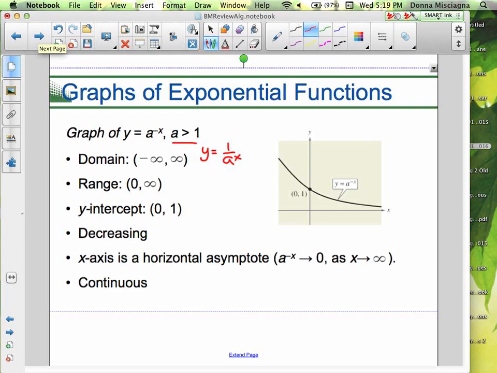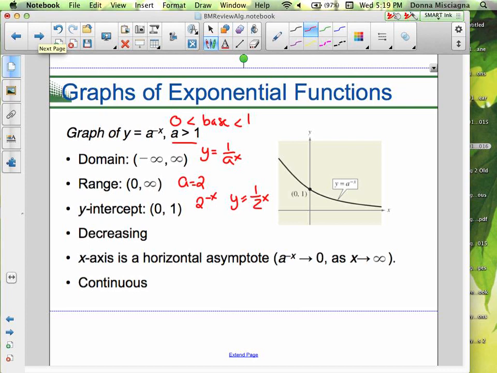The base altogether is actually between 0 and 1. So for instance, if a were 2, and we had 2 to the negative x power, that would be y equals 1 over 2 to the x. So it's in the denominator, so this is going to be exponential decay.